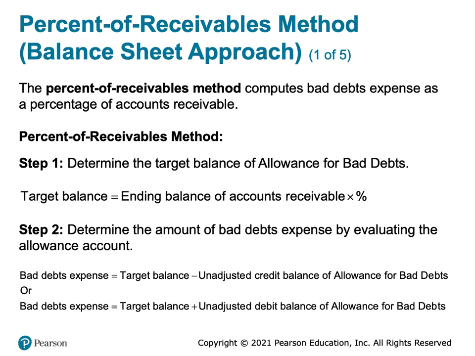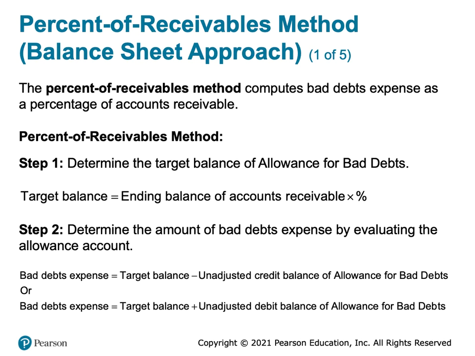Then, once we know what our allowance for bad debts account balance should be, we need to figure out how we're going to adjust that account to achieve the target balance.